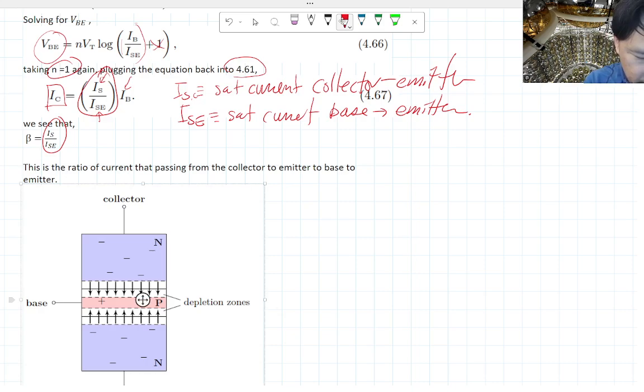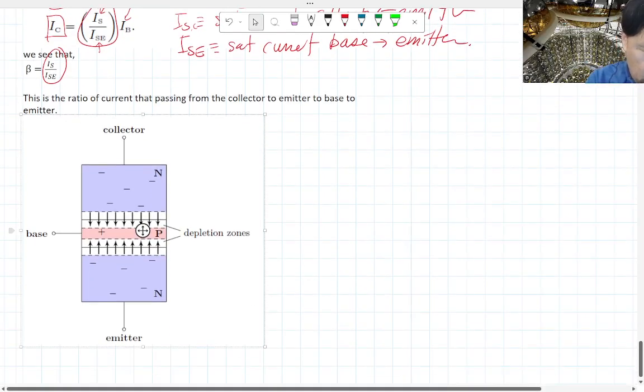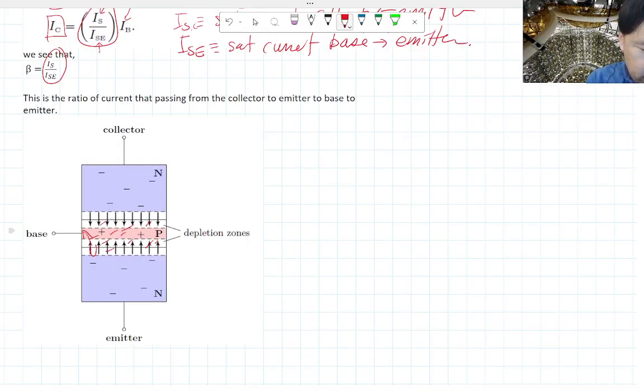What's happening is that when you have some small amount of current that allows these free electrons to get into the depletion zone, some saturation current flows, some saturation electron flow into the base.